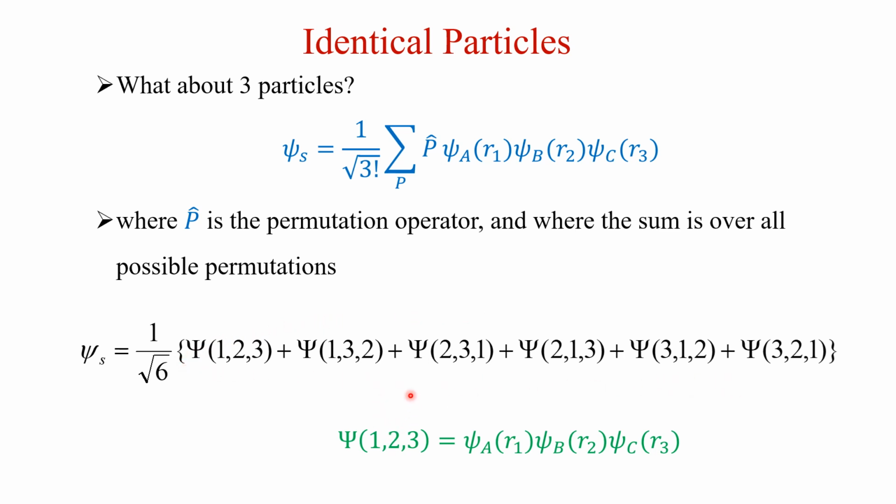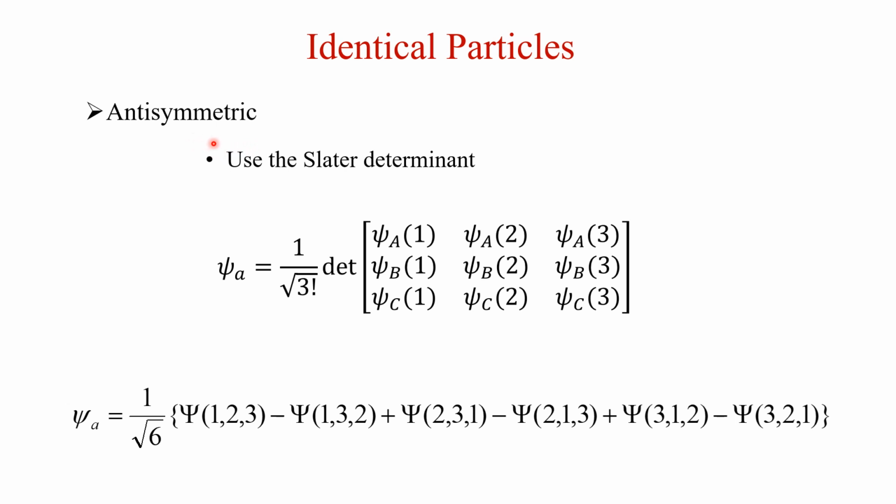Then we will see what about the anti-cyclic wave function. For the anti-symmetric case, like the two particle problem, we will use for three particles the Slater determinant. Just now I have explained what is the Slater determinant. So the anti-symmetric wave function is equal to 1 over square root of 3 factorial and the determinant of this matrix.